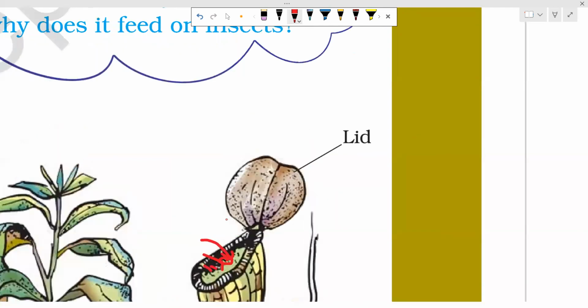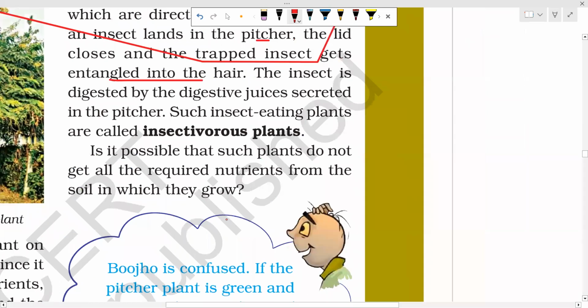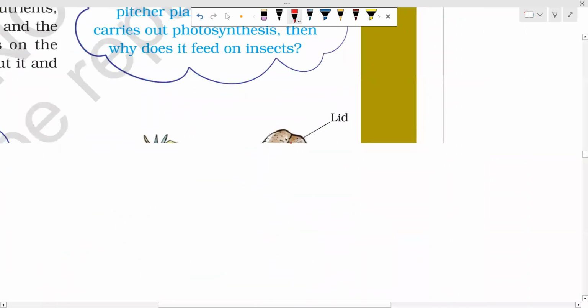The lid will close, and the pitcher plant will digest the insect using its digestive juices. Such plants are called insectivorous plants.